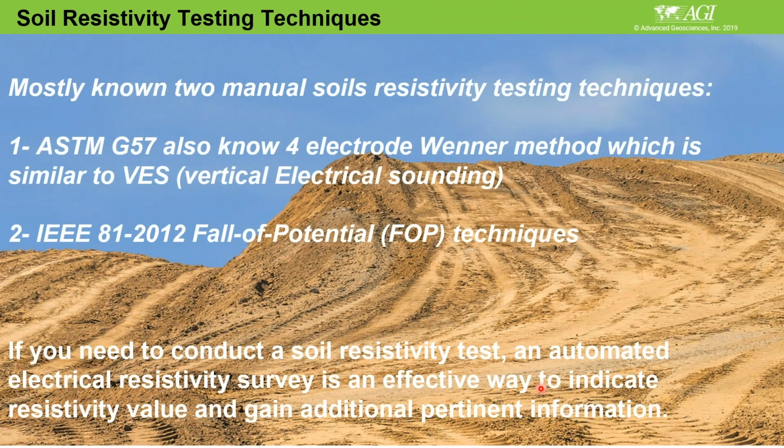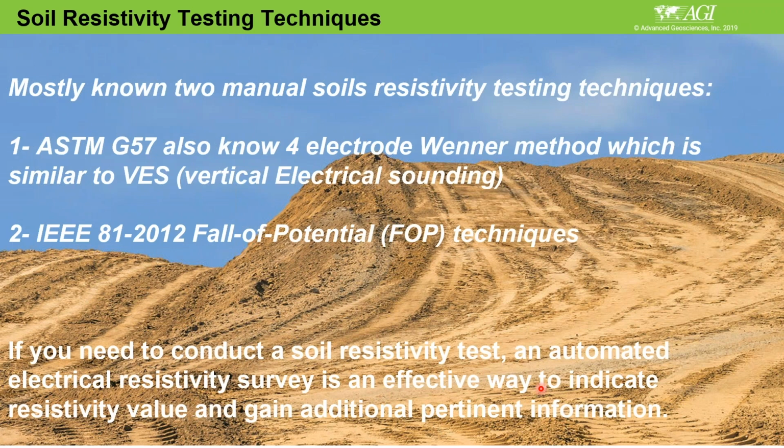For most of these techniques I showed, soil resistivity testing can be done manually, and mainly it's two ways. There is also a third way, but the main one is the ASTM G57 standard. You may see in some of the solicitations and contracts that they are asking you to do this kind of measurement.